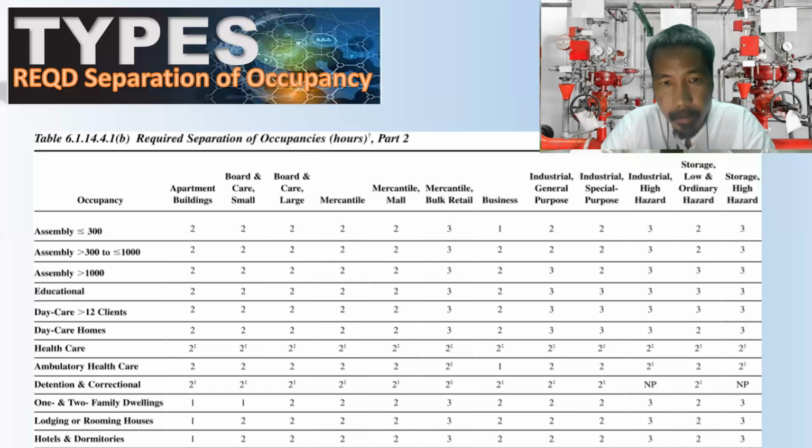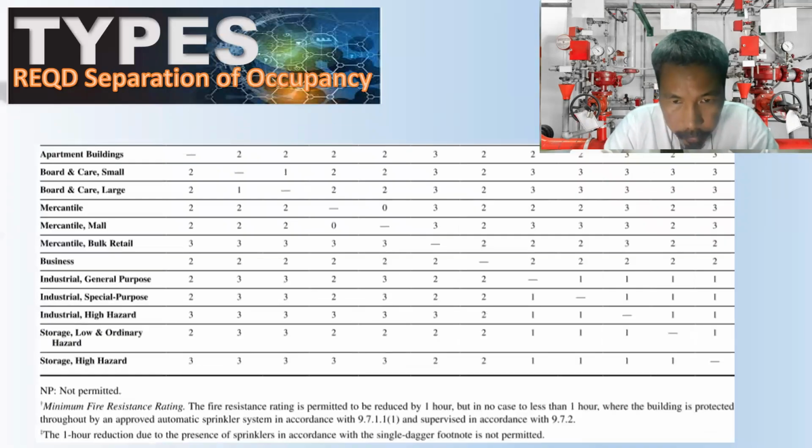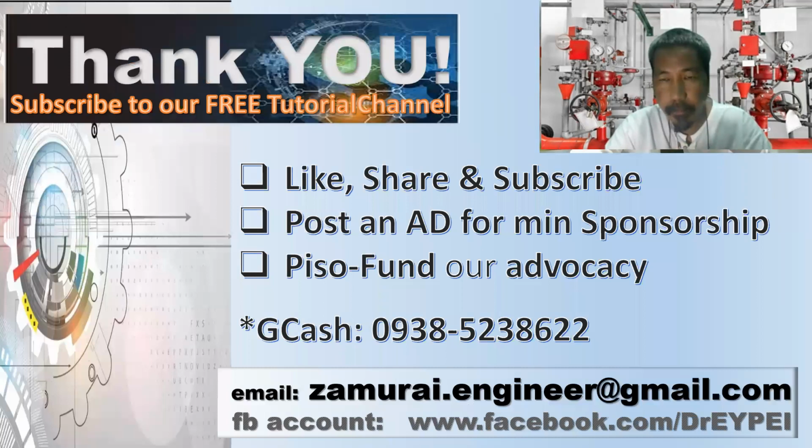So the same footnote is written here. Therefore, we are able to be aware and be informed about this separated occupancy. Again, this is Dr. DrEYPEI, preaching engineering for nation building.